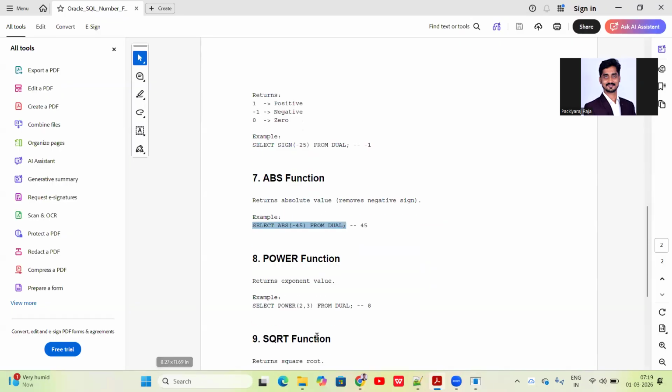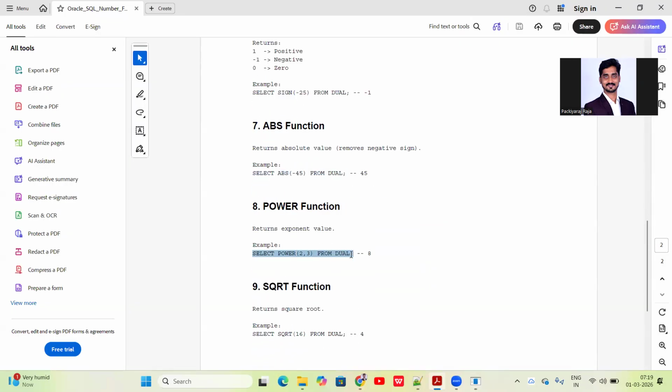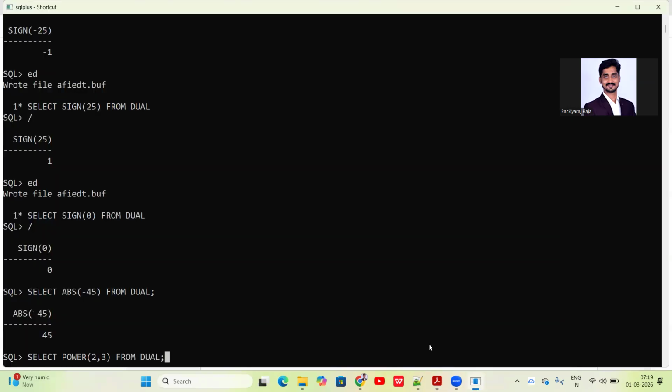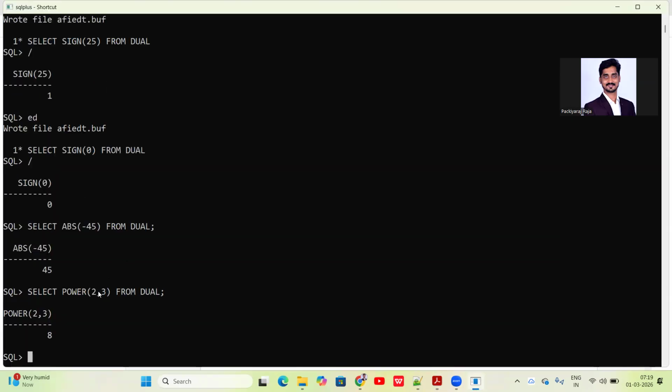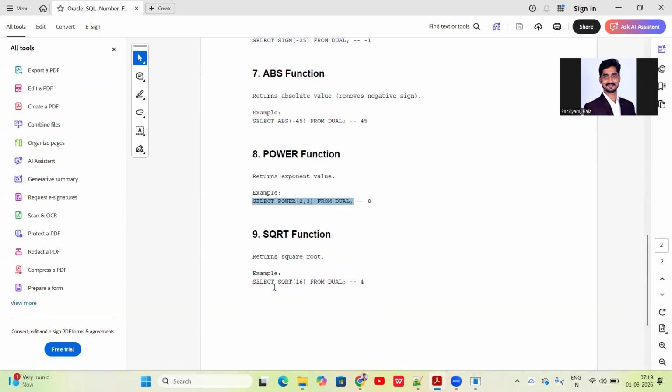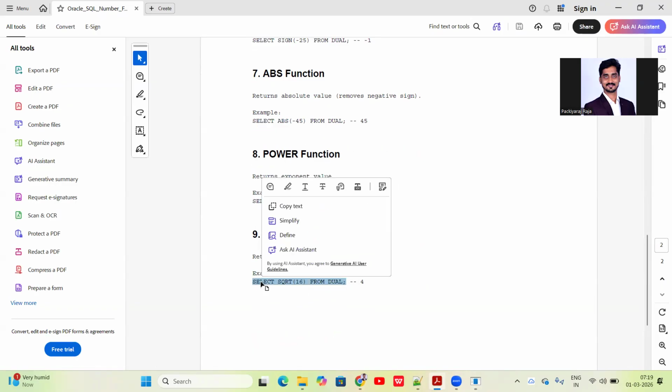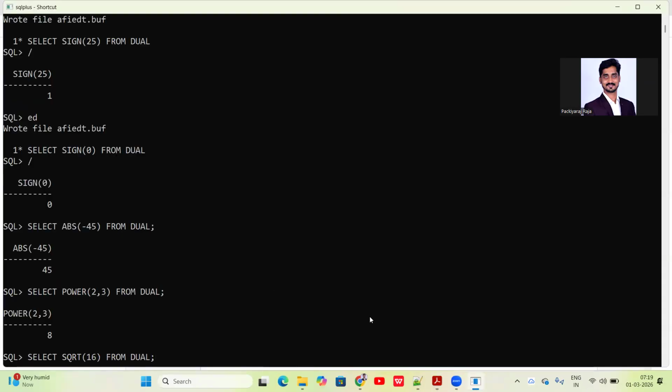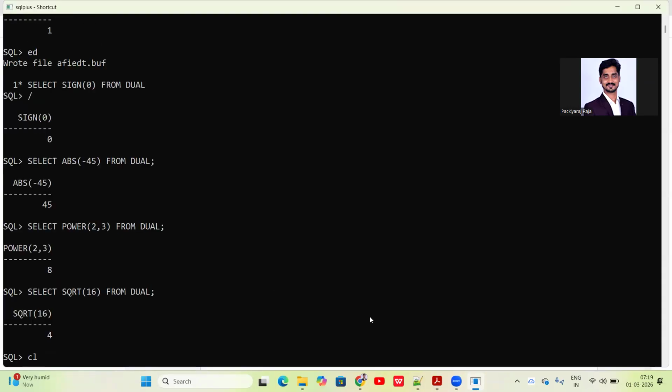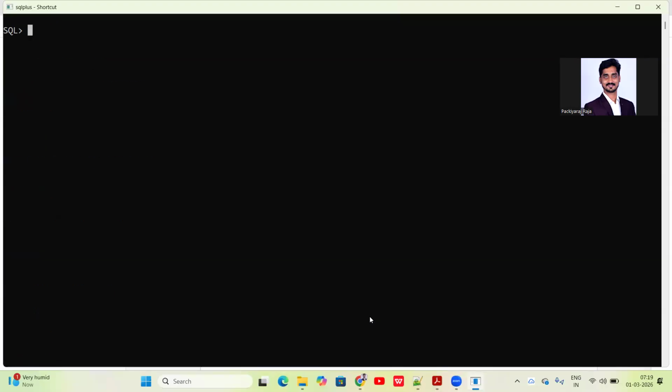Then power. This is the power it will give. So 2 to the power 3, what is the value? Square root is also the same. So these are the number functions. When you do some mathematical operation, it will become very handy. So start using these functions in your projects and improve the performance.